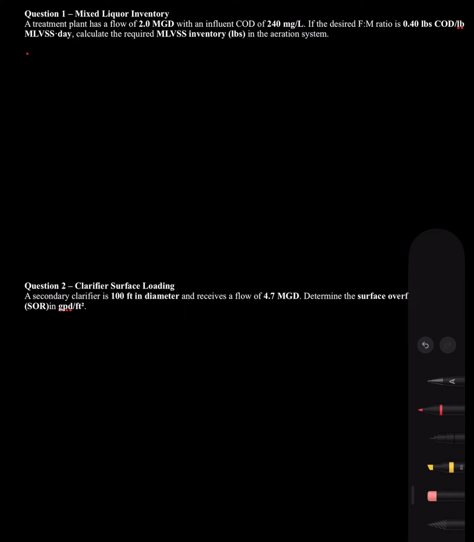We have to use first the pounds formula, which is flow times concentration times 8.34, which is our constant, and that'll equal pounds of COD. So our flow is going to be 2.0 mgd, and it has to be in mgd. And then 240 mg/L as our concentration.